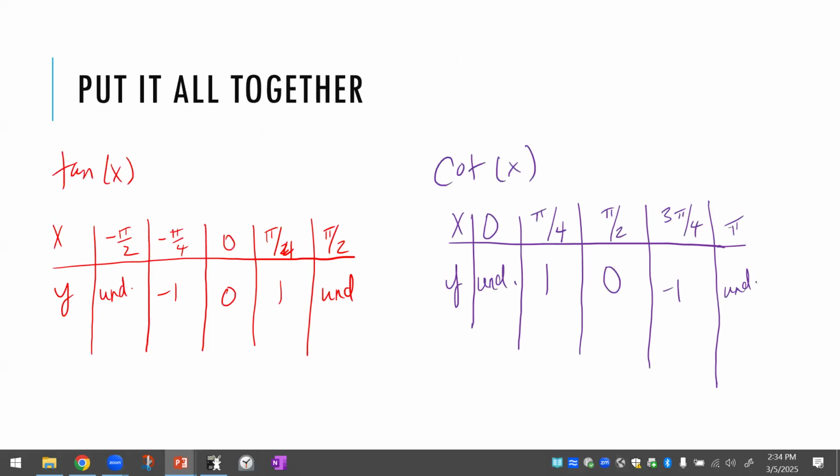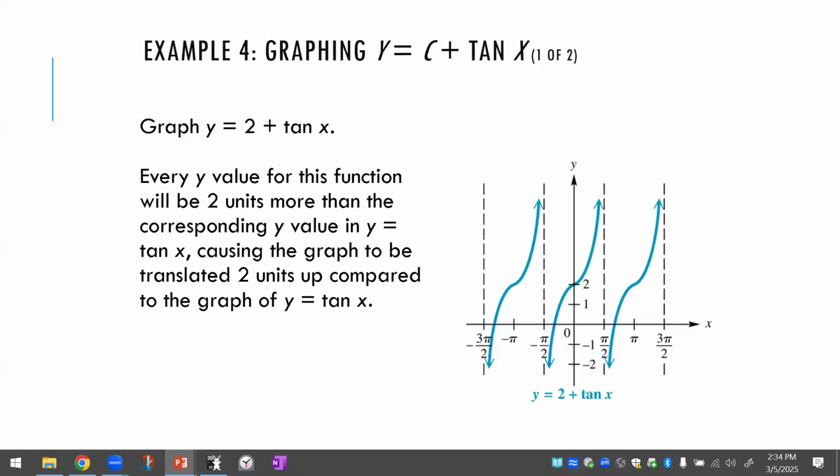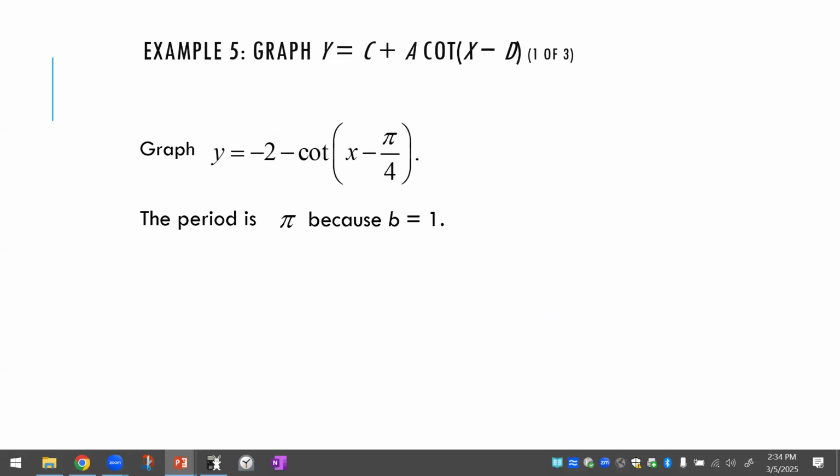So each one of these y values for tangent, I'm just adding to them. I'm adding 2 to them, and it's going to shift it up. That's all. You can even look at it as a graph, but you can see how all it did was shift from the parent function.